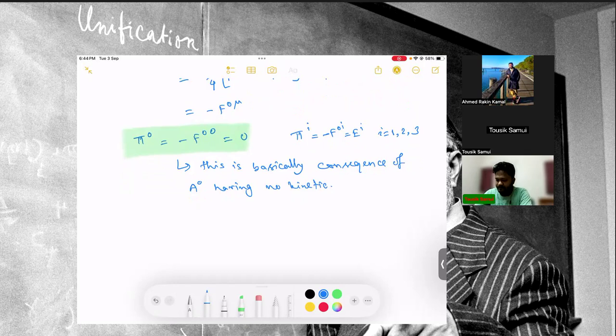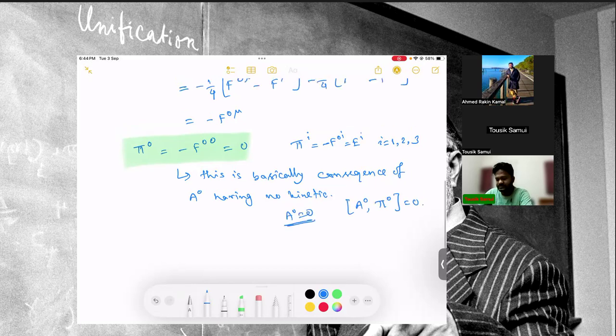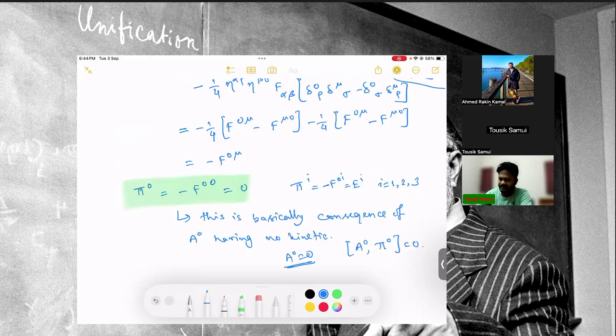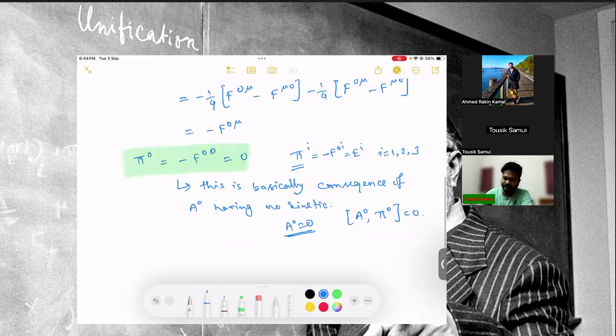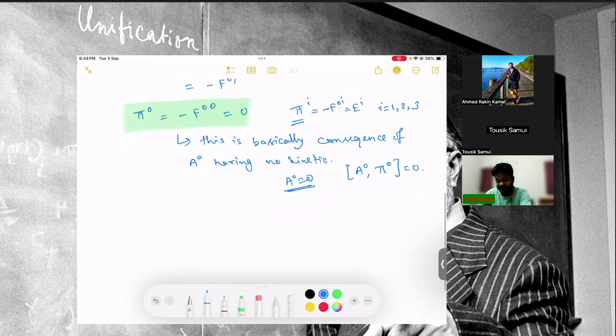Of course, one can do one thing. One can choose a naught to be 0, just like we did yesterday, and define the commutation. Then this commutation will be exactly 0, and we do not bother about the a naught field anymore. We will just quantize the theory with pi and appropriate commutation relations.